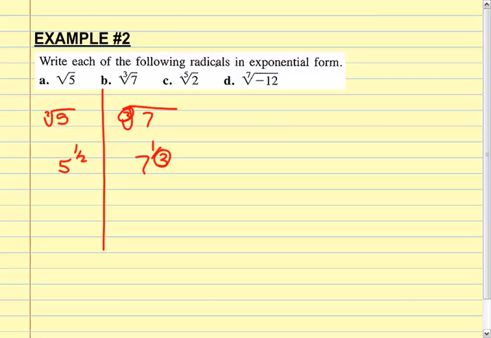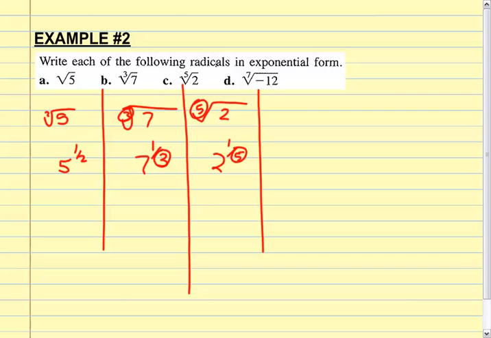Here in c, the fifth root of 2, well, that's 2 to the 1/5. It's saying what number multiplied by itself 5 times gives me 2. But remember, fifth root, the root goes in the denominator, okay? And then d, we're going to get the seventh root of -12.